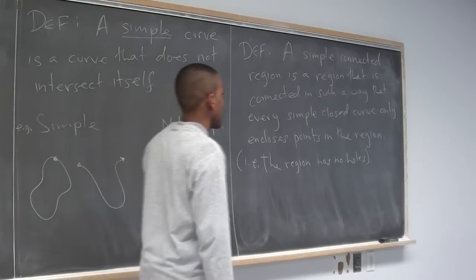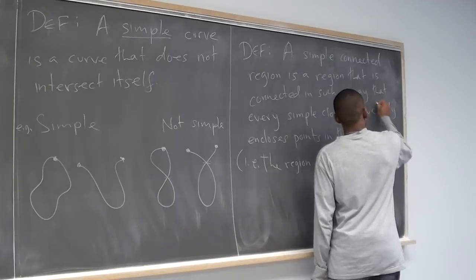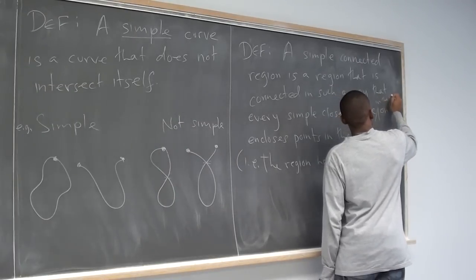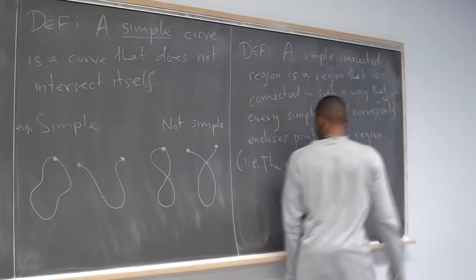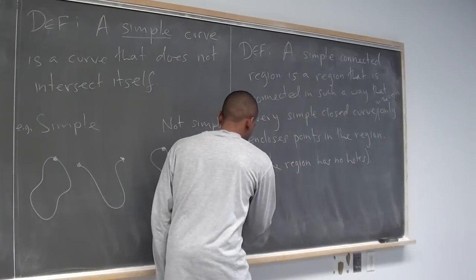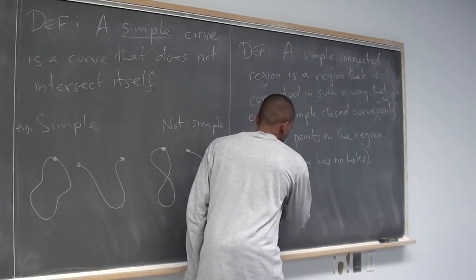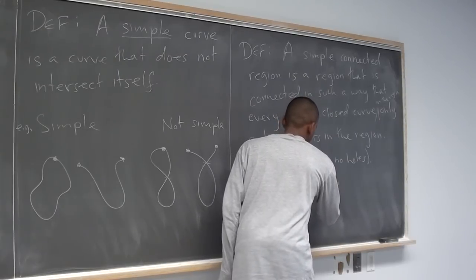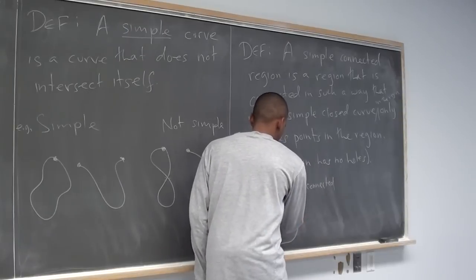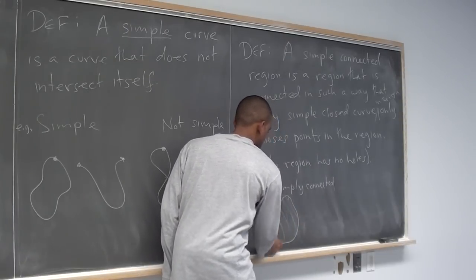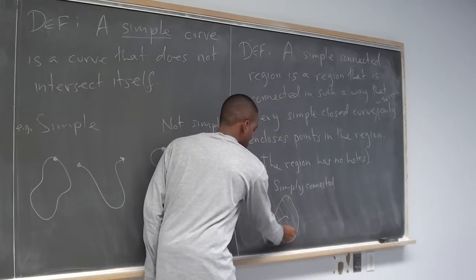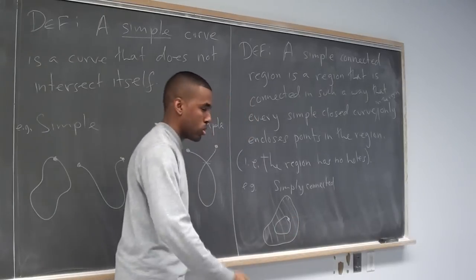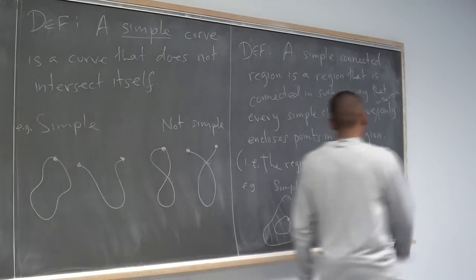So, for example, here's something that's simply connected, just like this set here, because every closed curve that you can throw inside this guy will only enclose points in that set.